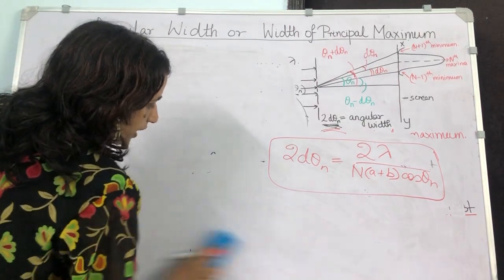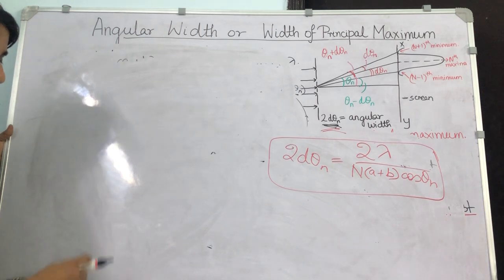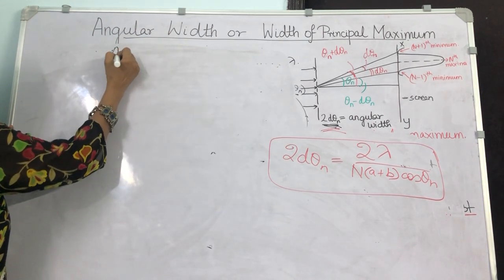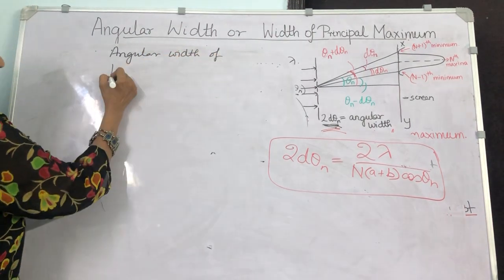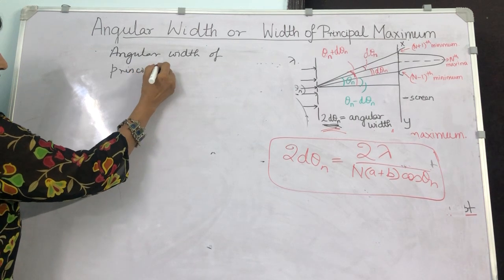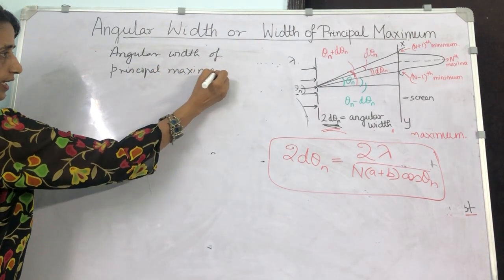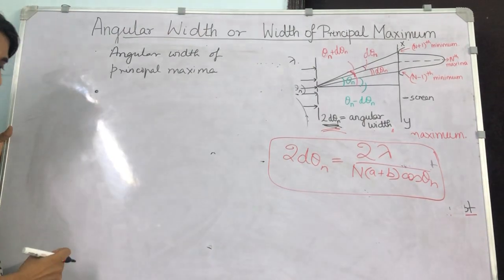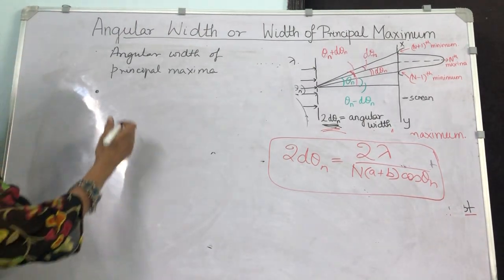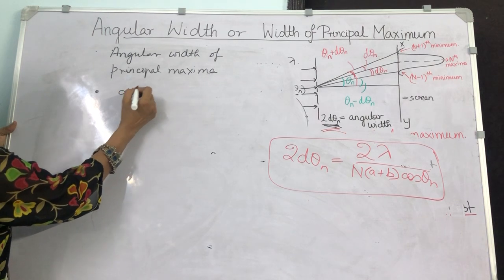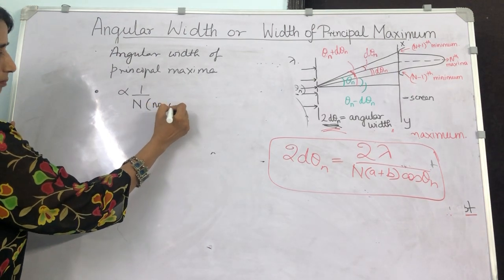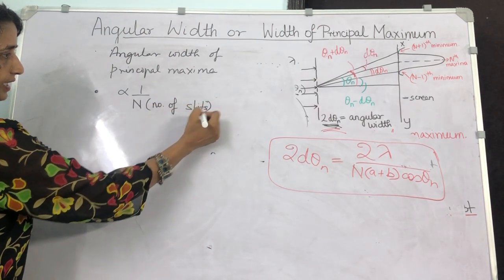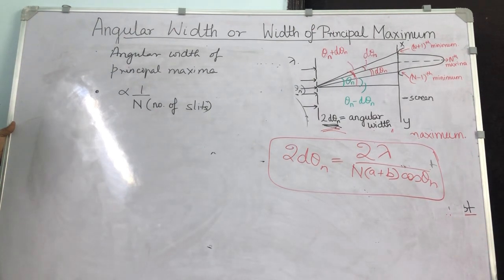The angular width of principal maxima is first inversely proportional to the number of slits N. As N increases, the width of maxima decreases.